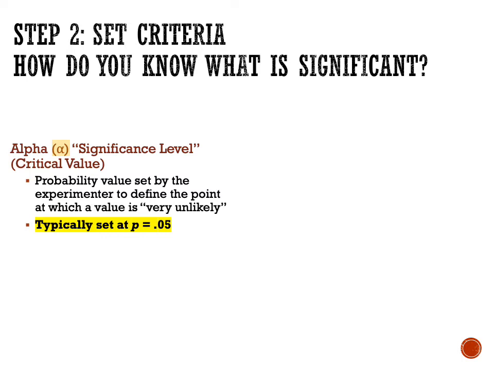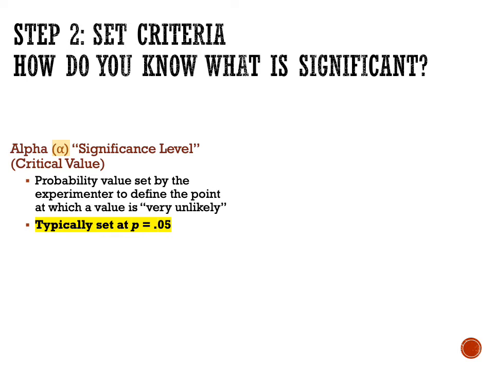It's again an indication of probability, so it's usually represented by P. So P equals 0.05 means that our criteria is that we want our data to be less than 5% chance happening by chance. Sometimes if researchers want to set a stricter criteria, they might set their P or their alpha level at 0.01 or 1%. So anyway, alpha is our critical value.